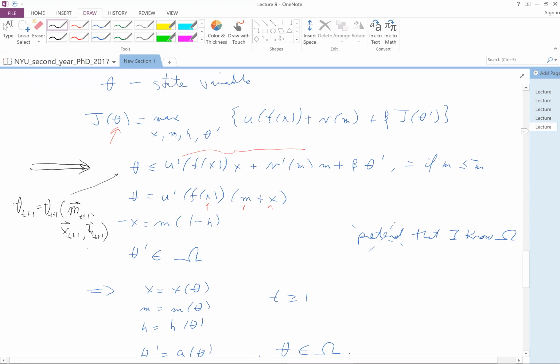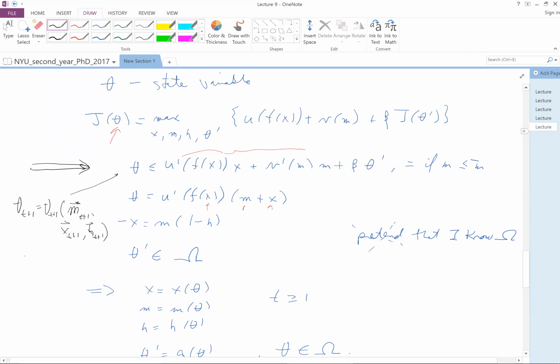So these continuation policies are all intermediated through this theta in terms of how they affect the concerns of the Ramsey planner.